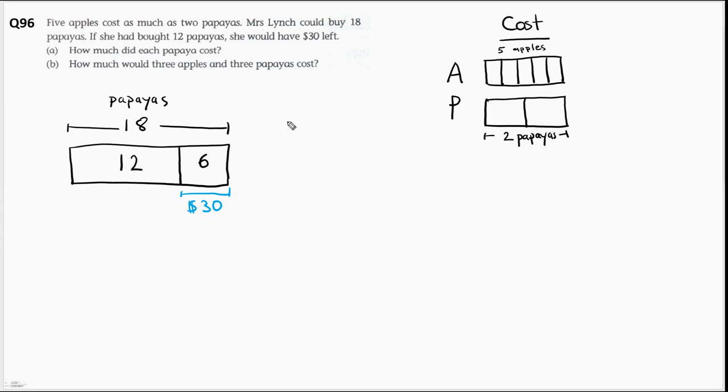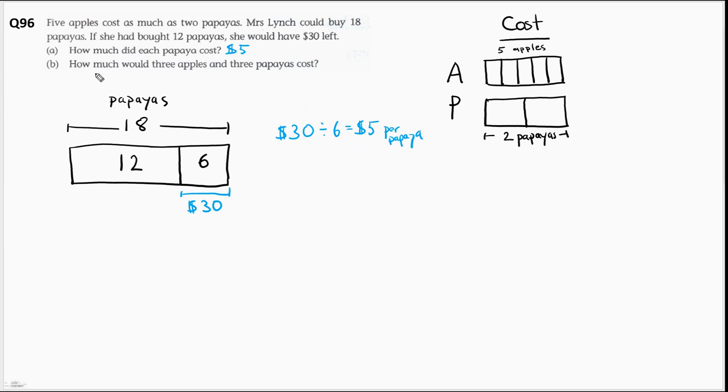So we want to find out what each papaya cost. Well, that's nice and easy. It's going to be $30 divided by 6 gives us $5 per papaya. Great. And that is one of our answers. $5.